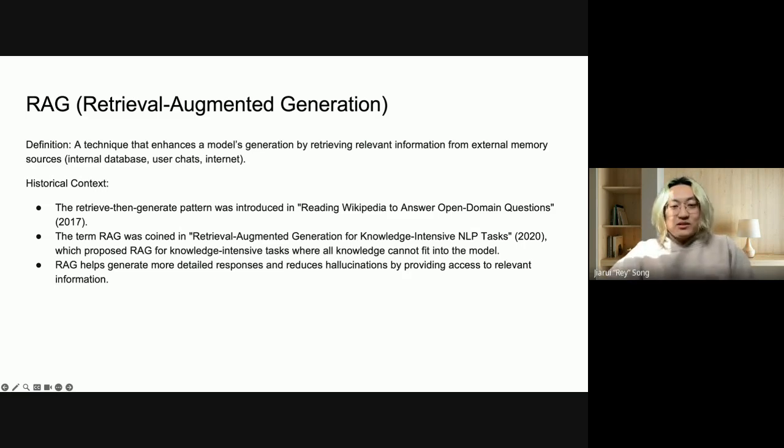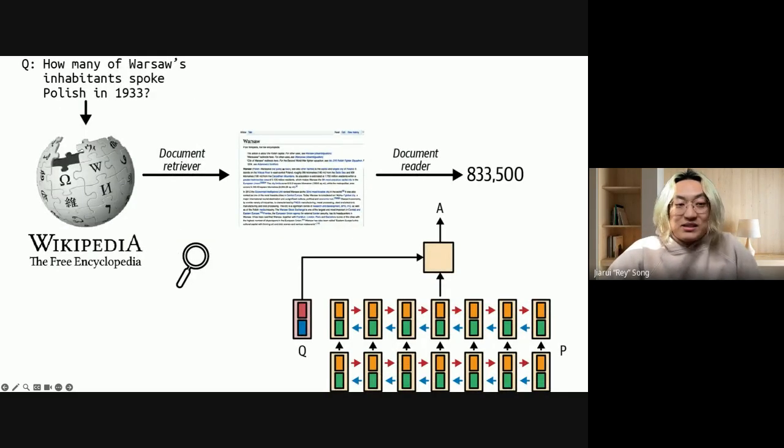A little bit of history here. The underlying retrieve-then-generate pattern was first introduced in a 2017 paper that explored using Wikipedia to answer open-domain questions. And then the term retrieval augmented generation itself was coined in a 2020 paper.